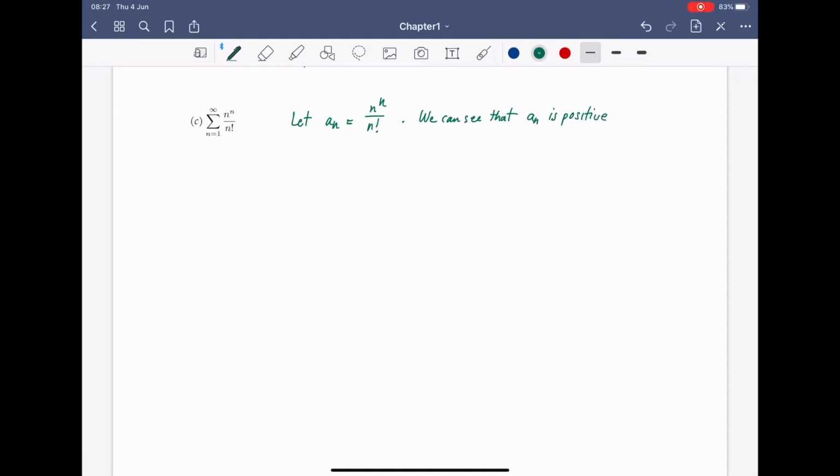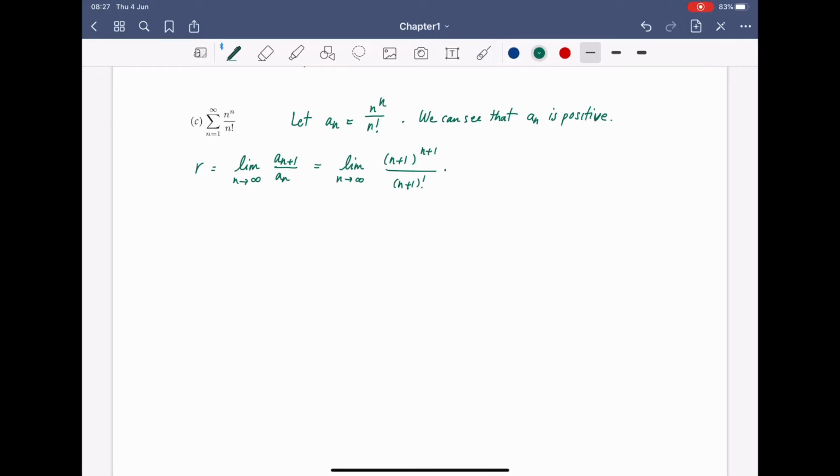Right? Before using the ratio test, we're just gonna check that we have positive terms only. And then after that, we compute r, which is limit of a sub n plus 1 over a n when n goes to infinity. And that is limit of n plus 1 raised to the n plus 1 power, and then over n plus 1 factorial.